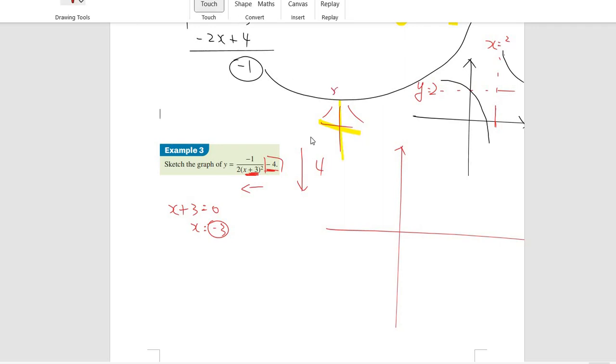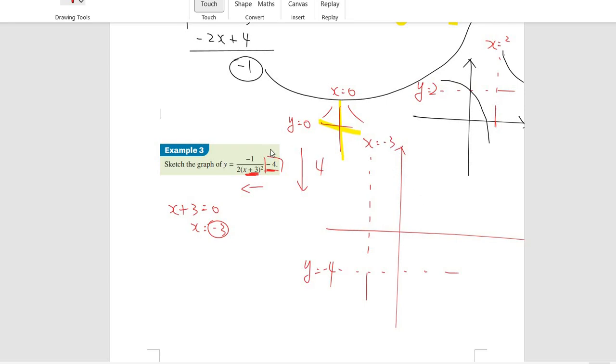Namely, we got x equal to 0 for the y-axis and y equal to 0 for the x-axis, right? Then if you move the horizontal one down by 4 units, you end up with y equals negative 4. Then the second one, if you move the vertical one to the left by 3 units, you end up with x equals negative 3 as the vertical asymptote.